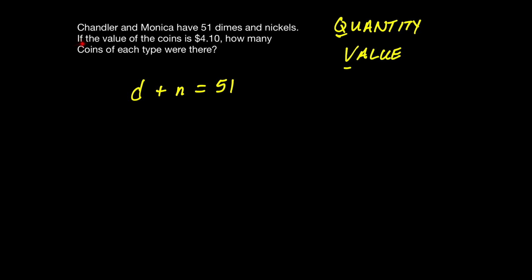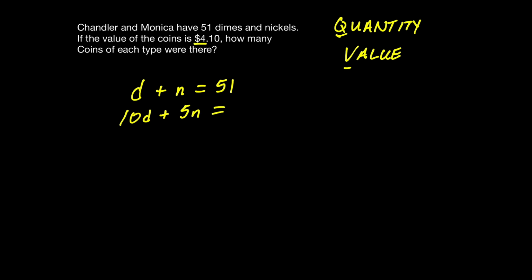The second sentence says the value of the coins is $4.10. Well, I know a dime is worth 10 cents and a nickel is worth 5 cents. So I'm going to write down 10 times D, 10 cents per dime, plus 5 cents per nickel.